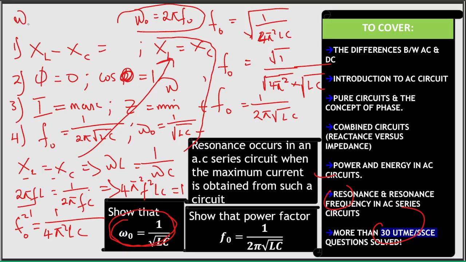So omega, the resonant angular velocity or angular frequency, is equal to 2 pi. Now, instead of f naught, I'll remember that f naught is 1 all over 2 pi root LC, right? So this 2 pi will cancel this 2 pi, and that will give you this. Can you see how simple it is?